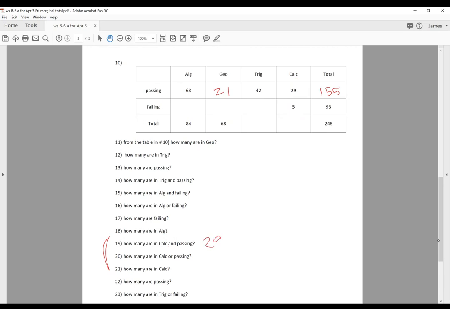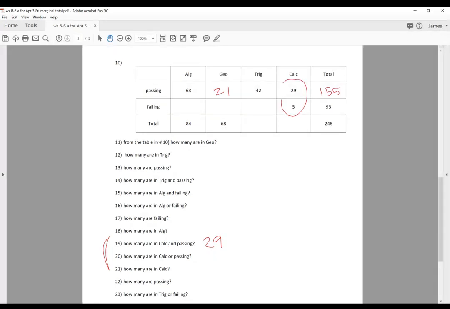Now for number 20, how many are in calculus class or passing? That's or. So you're looking for how many are in calculus. There's a number of people, 34. And then or also how many people are passing. So you have to count both groups. So what I'm doing is I'm taking these two groups from calculus.